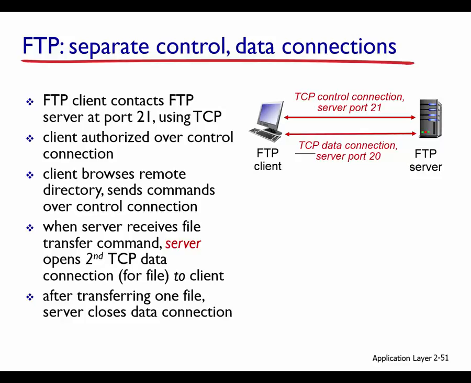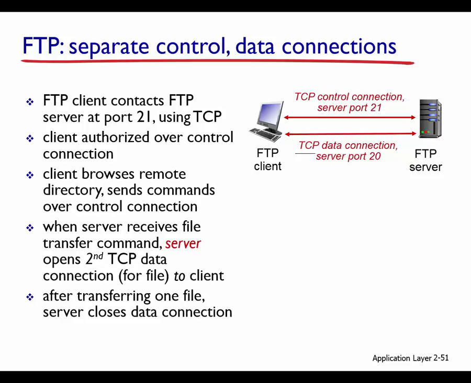The client is authorized over the control connection, usually with some sort of username and password, usually as a minimum. Once the connection is allowed, the client can browse a remote directory and send commands over the control mechanism.